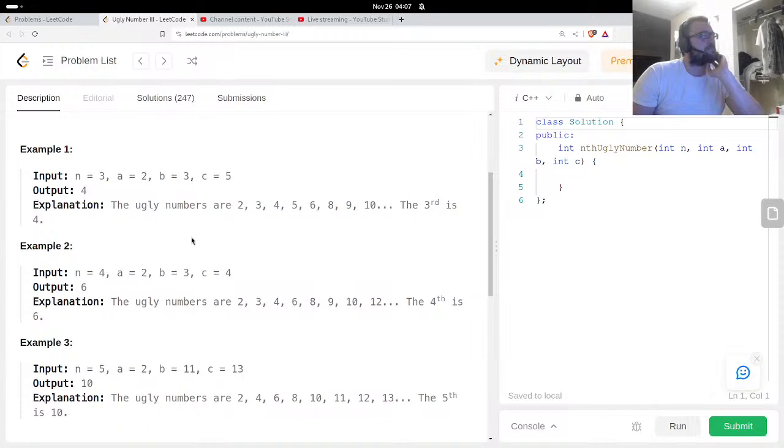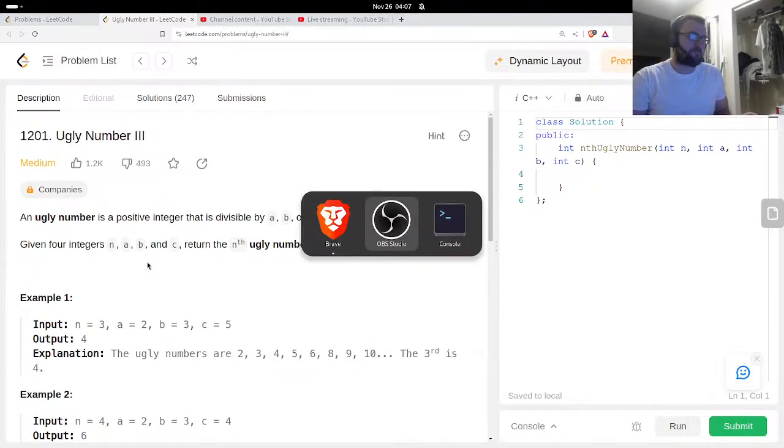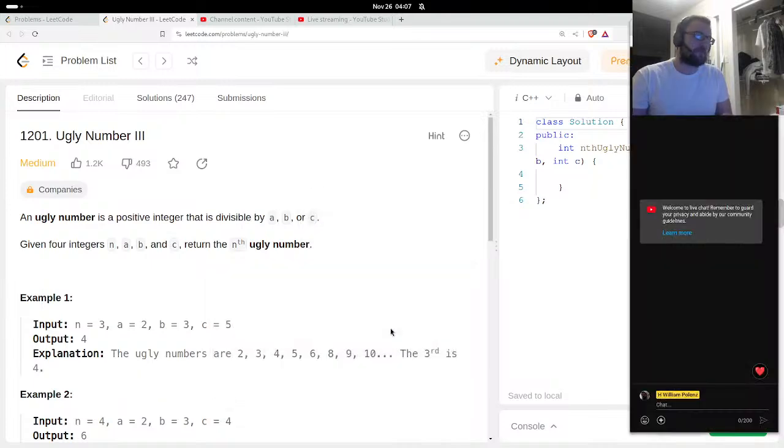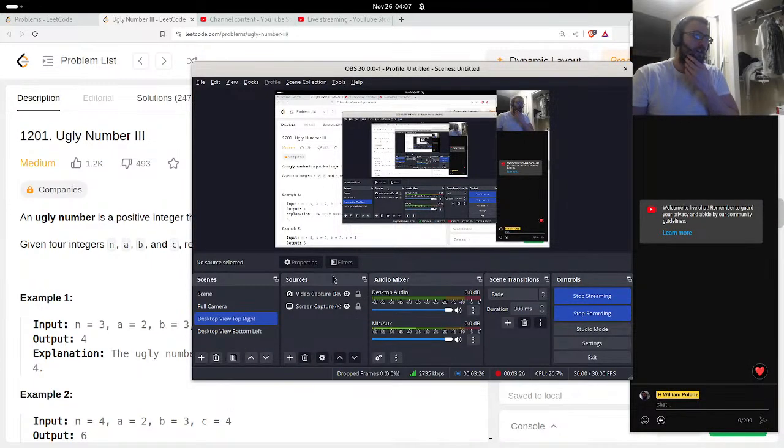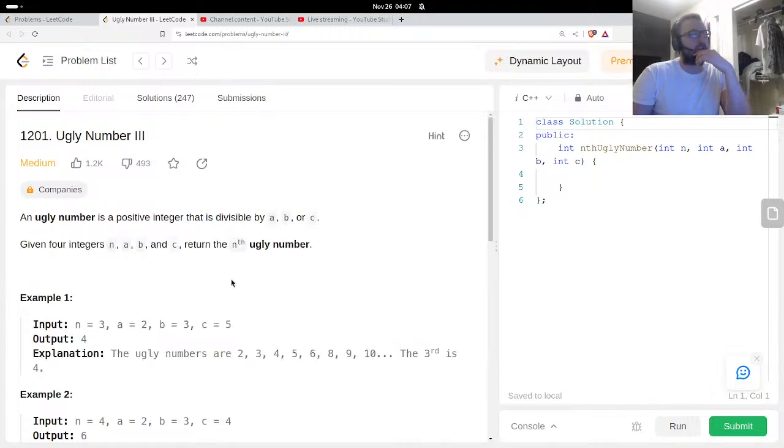It requires some mathematics. I think you can solve this in logarithmic time. I think that's what it's going to have to be. It can't be done in linear time, so it's got to be something sublinear and most likely logarithmic.